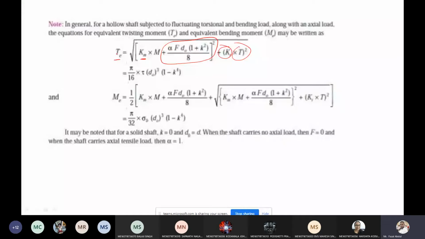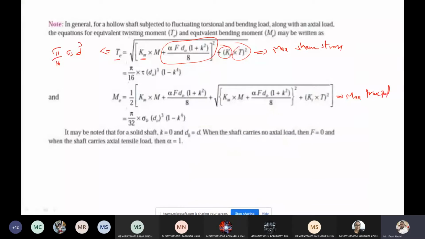So the equivalent torque Te equals this, where Te is nothing but 16 into sigma s into d cubed. This is the equation based on the maximum shear stress theory. Now this is the second equation, as per the maximum principal stress theory.